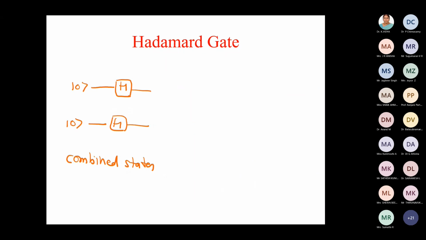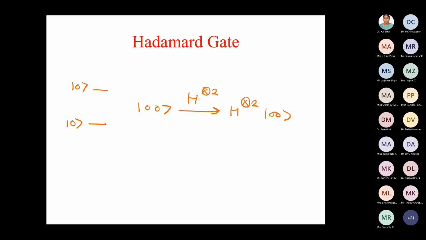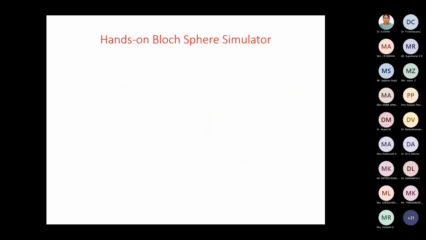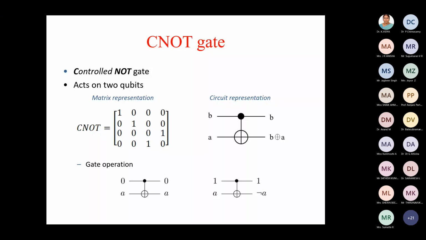Now if you apply this Hadamard gate on a 2 qubit system, so a 2 qubit system you can write like this.